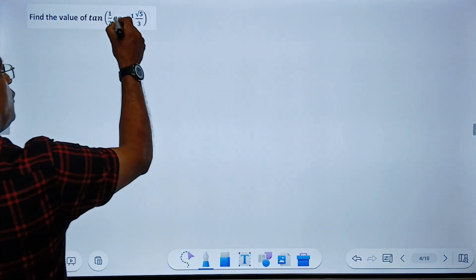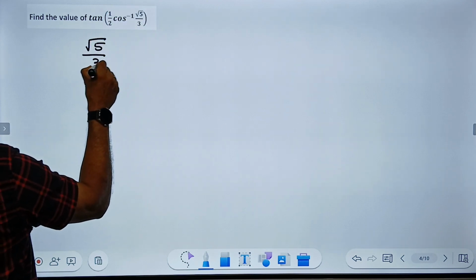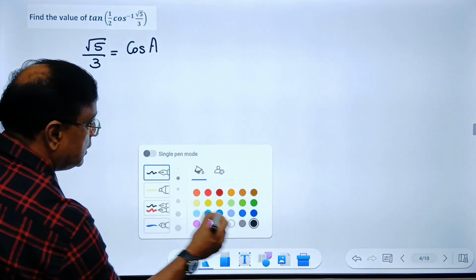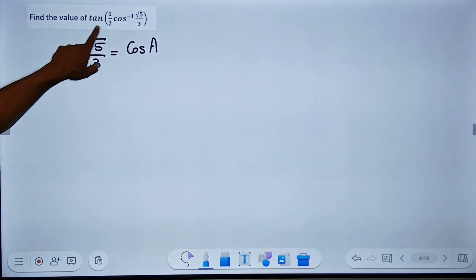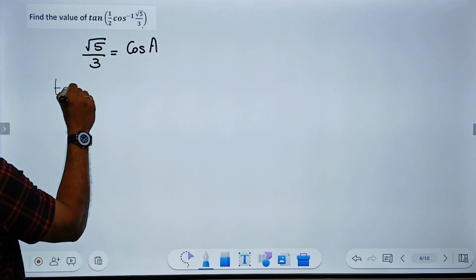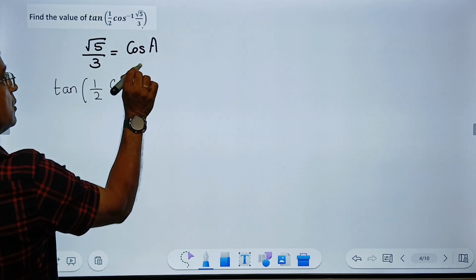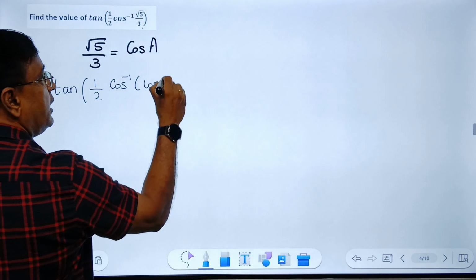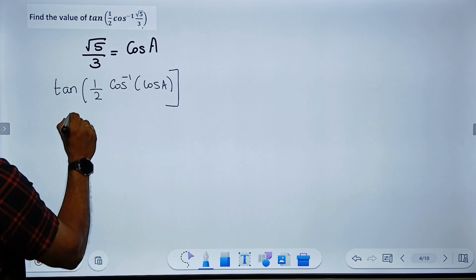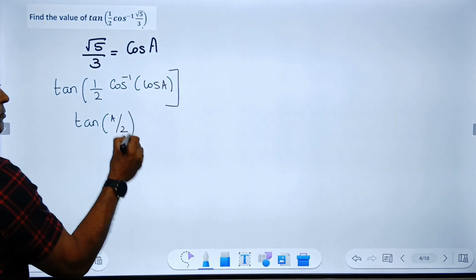Whenever you see cos inverse of anything, say root 5 by 3, you take it as cos A. I will take this as cos A. So this will be tan of 1 by 2 into cos inverse of cos A, because I took root 5 by 3 as cos A. Now what is cos inverse of cos A? It's A. So this will become tan of A by 2.